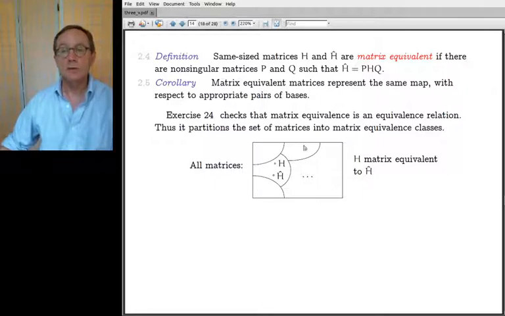We split the universe of matrices up into parts. It's an equivalence relation, which basically means that the parts don't overlap. So we split the universe of matrices up into parts where H and H hat are somehow two different names for the same thing. It's as though you took my name, Jim Heffron, and my social security number, which I'm not going to tell you, and you put them together and say they both mean Jim Heffron.